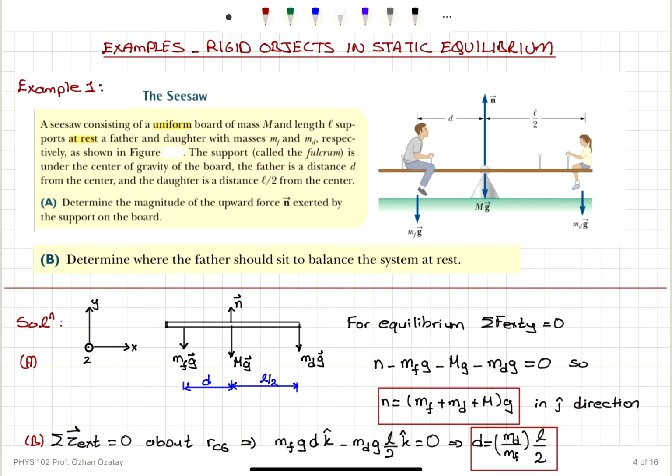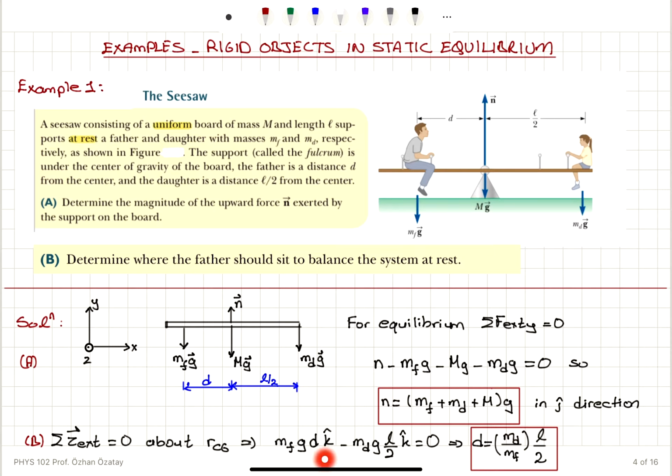In order to find where the father should sit to balance the system, I have looked at the torque with respect to the center of gravity, because there I don't have to consider the weight of the board and the normal force because they have no contribution to the torque. And the simplest possible torque equation I can write is with this choice.